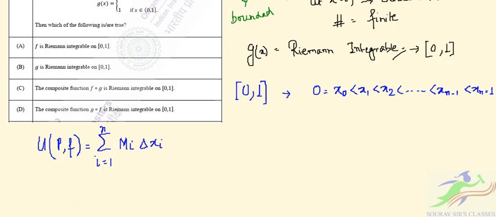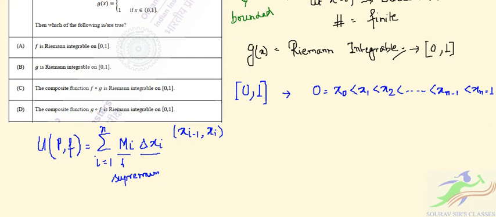Here Mi is the supremum of f(x) in the interval delta xi, which is the interval x of i minus 1 to x of i.